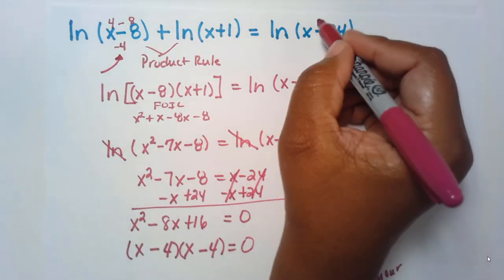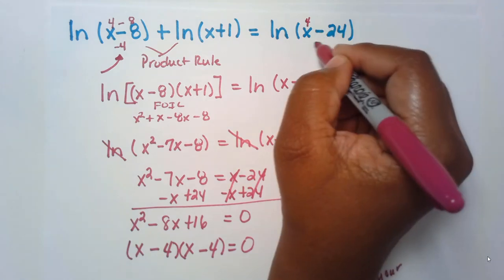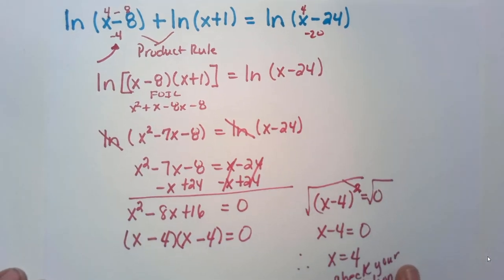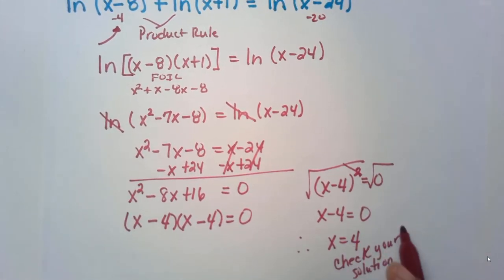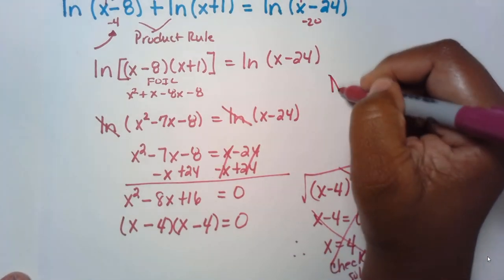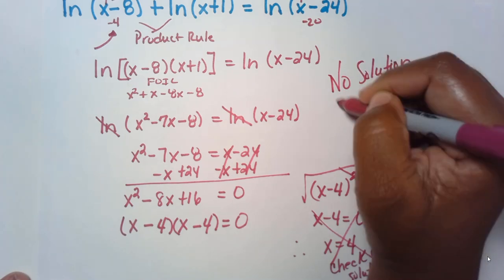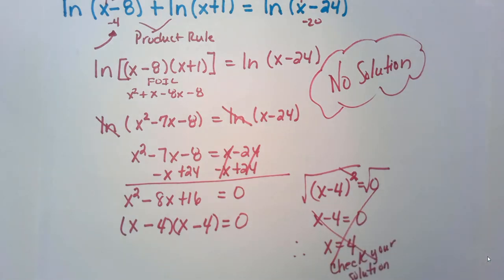And even if we substitute 4 in on the right-hand side for x, that would give us negative 20. So what do you think our solution would be if 4 does not work? We would say no solution to this example.